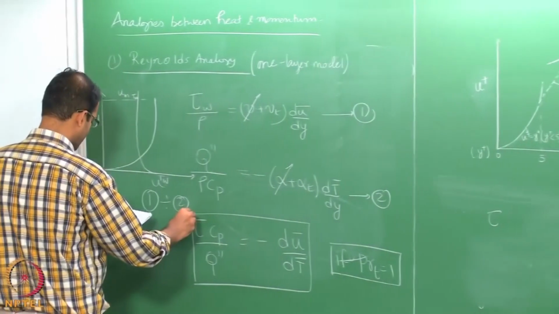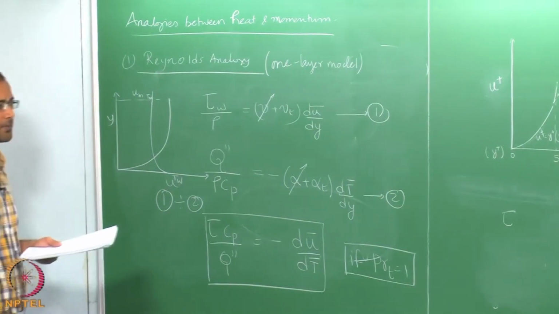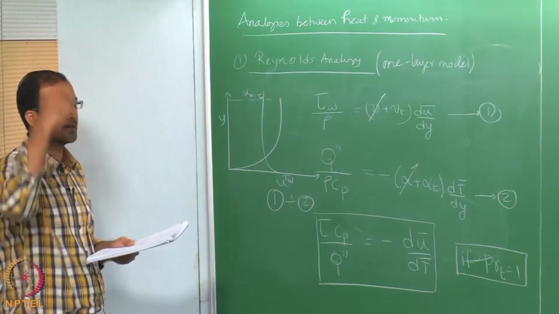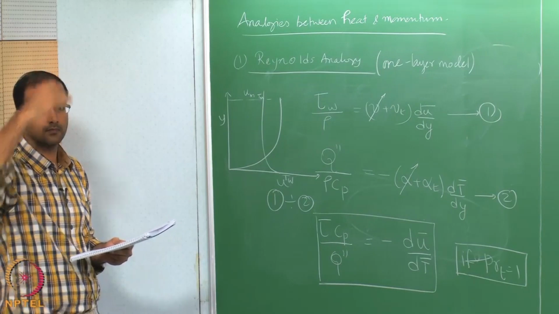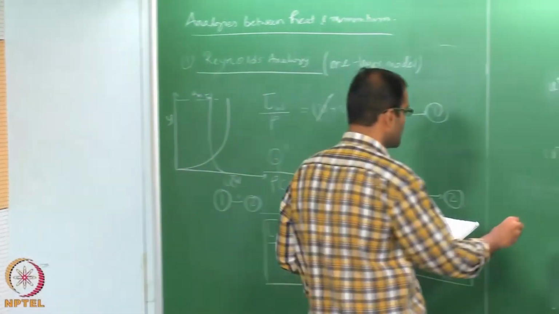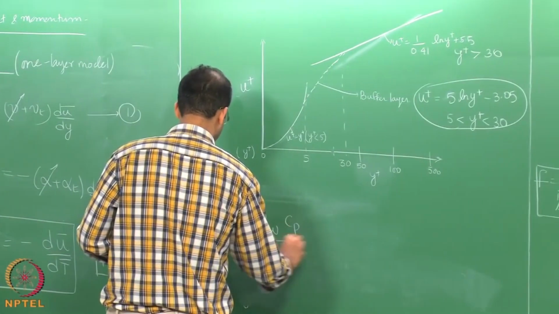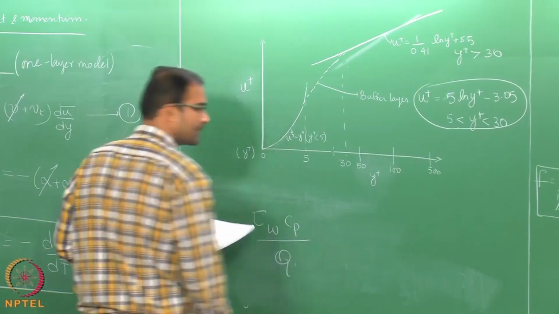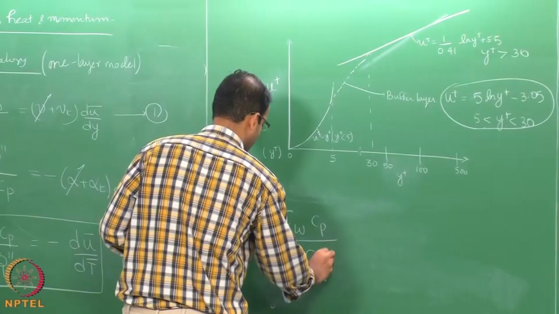So, if I integrate the shear stress, what happens? At the edge of the boundary layer the shear stress is 0, whereas at y equal to 0 it is tau wall. Okay. Therefore, I have tau wall by Cp, similarly the heat flux, this will become wall heat flux here.